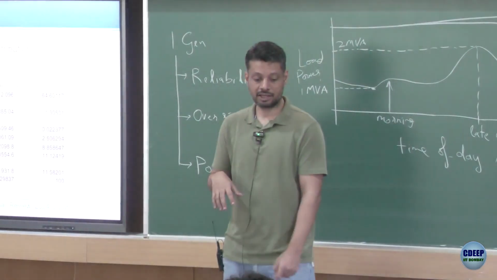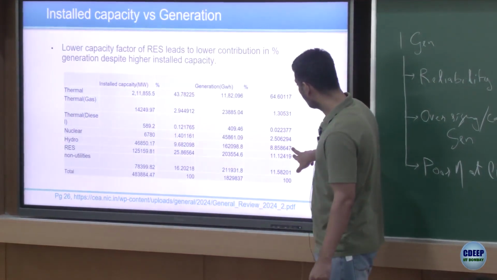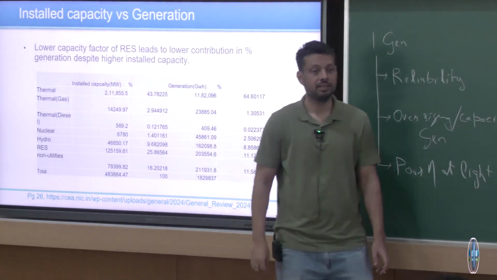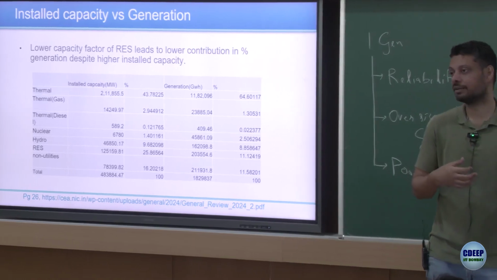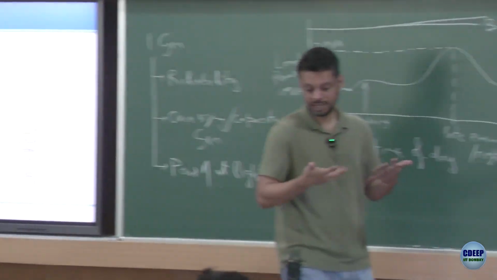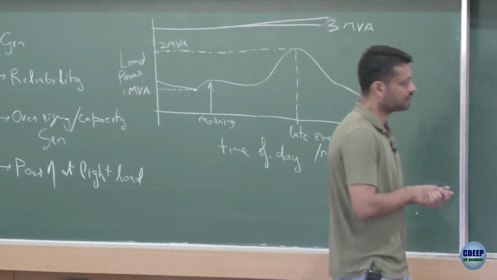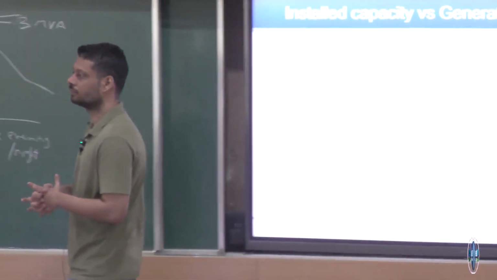Renewable, if you combine hydro and renewable, produces about 20% of the energy that we consume. So even though the installed capacity percentage appears to be much better, in terms of energy production, it's still growing, still on a positive ramp rate, but as of now the values are still lesser than what we do through coal.